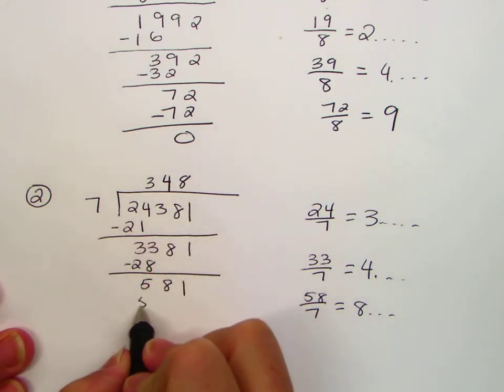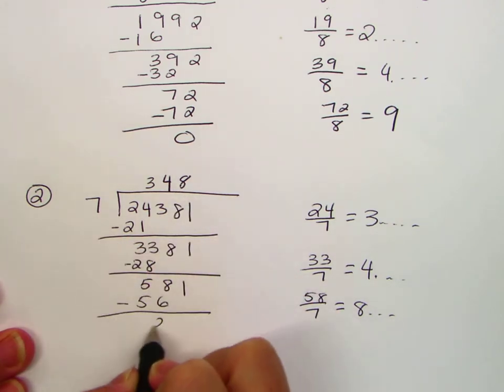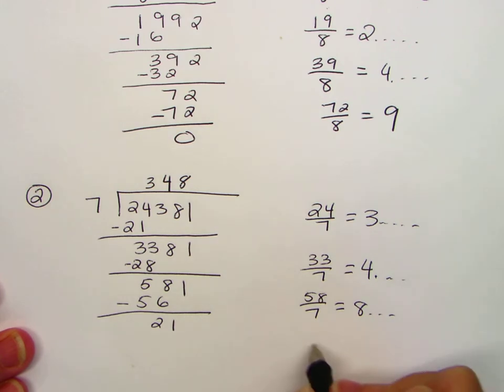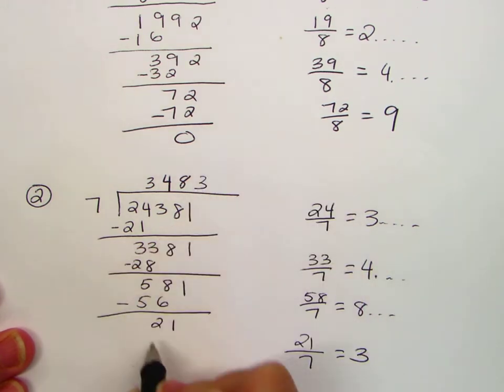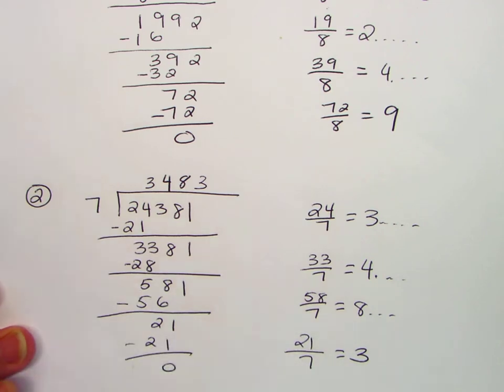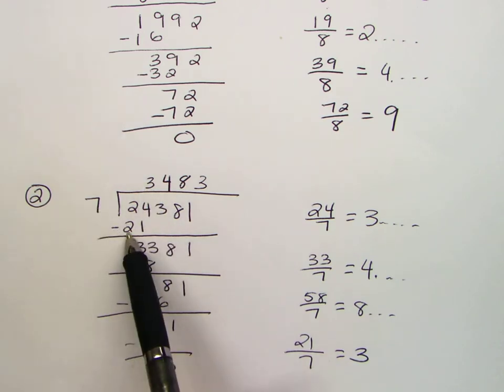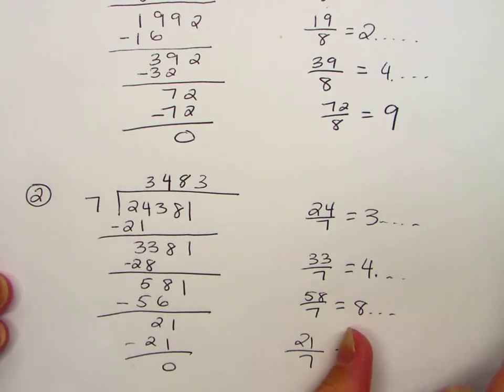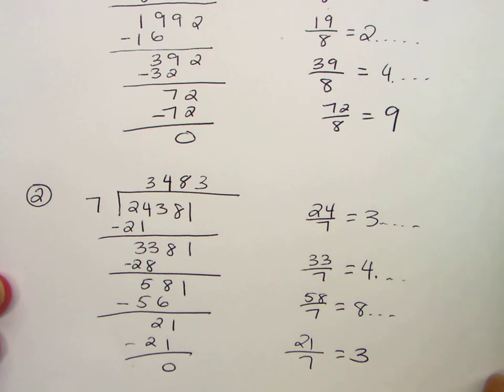Multiply. Subtract. Oh, that one's easy. 21 divided by 7 is 3. Okay? So again, divide, multiply, subtract. Okay? That's the process that we're going to be using for long division of polynomials.